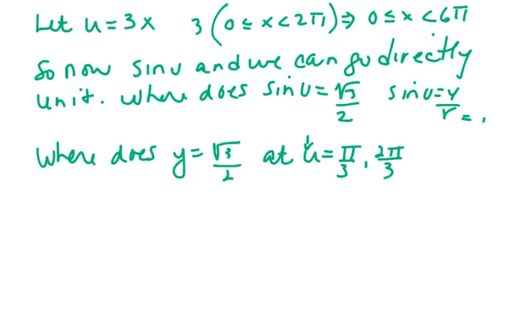Since our range allows us to go to 6 pi, I'm just going to draw a rough unit circle here. All right, this is roughly the angle of pi over 3, and this is 2 pi over 3.